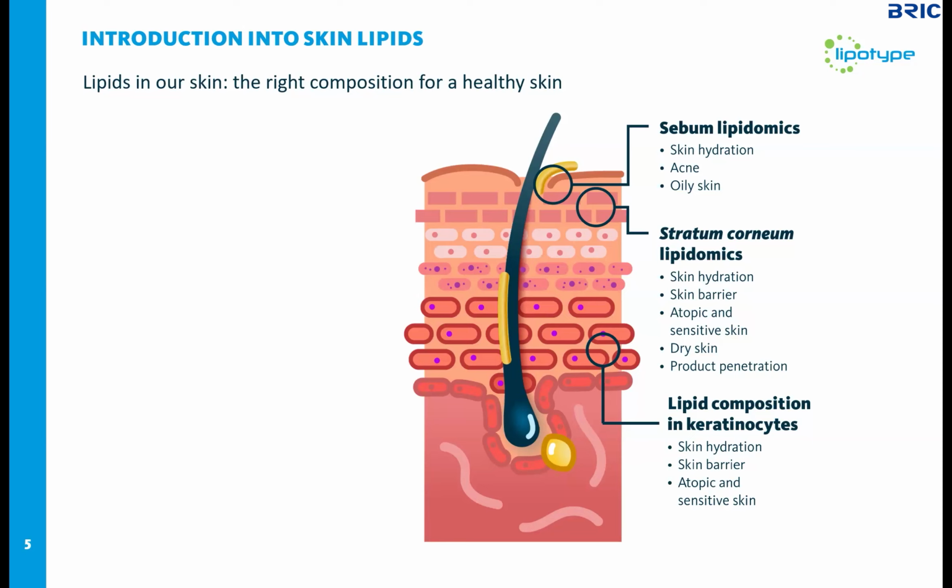And the contents of these bodies are then secreted into the extracellular space, forming a very well-structured lipid matrix that has a very specific organization and provides protection against water loss and various external physical, chemical, and biological factors.